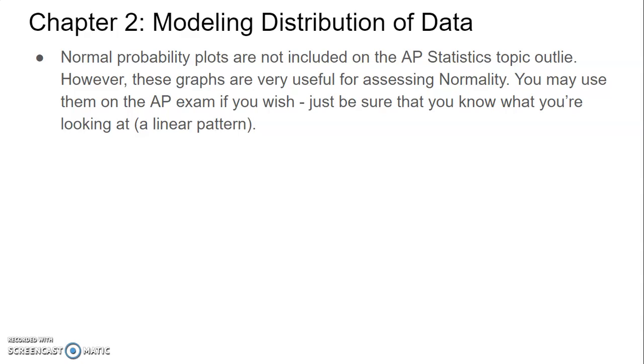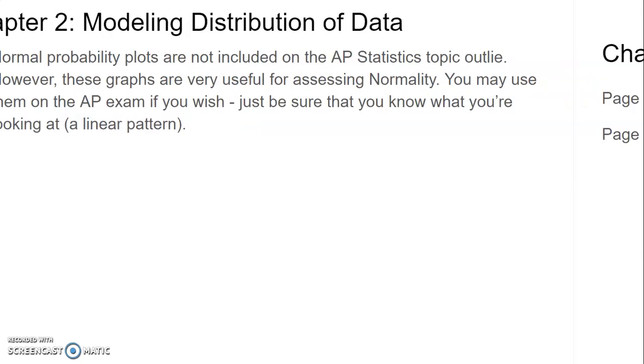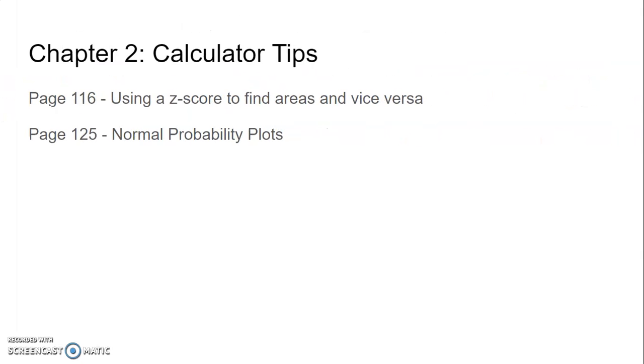Normal probability plots are ways to decide if your data is normal, and on your calculator, you want to see if the normal probability plot has a linear pattern. You should know how to calculate z-scores and look up the probabilities in your calculator or in the table. Page 116 and page 125 particularly tell you those calculator features.